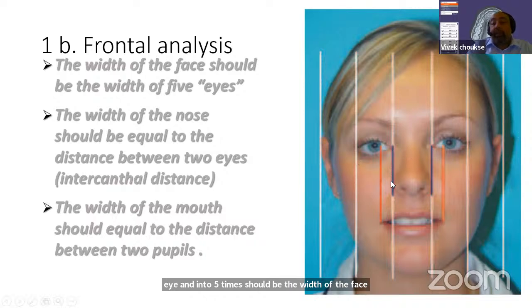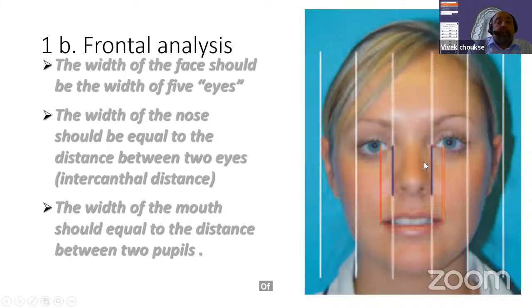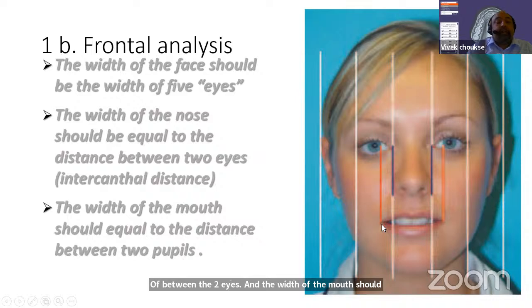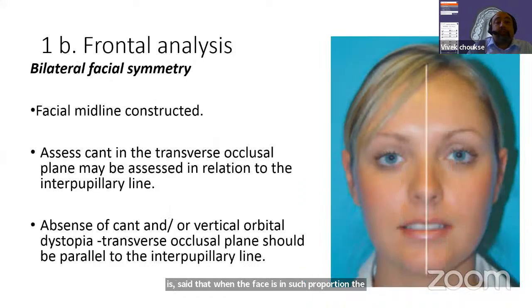As you can see, the width of the nose is equal to the distance between the two eyes, and the width of the mouth should be equal to the distance between the pupils. So they can be correlated to each other. And it is important to observe this because it is said that when the face is in such proportion, the face looks, or the smile looks, beautiful.